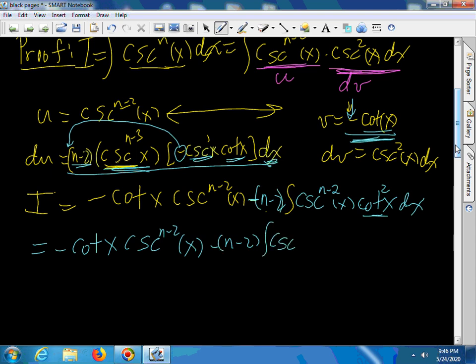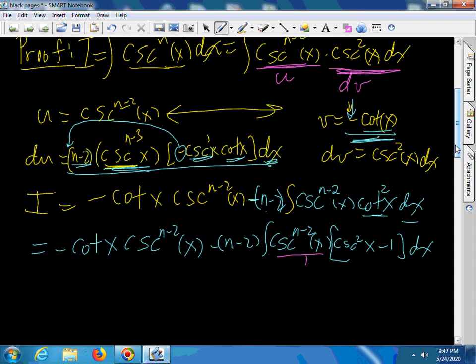the integral of cosecant^(n minus 2) of x times another way of writing cotangent squared x, which is cosecant squared x minus 1, times dx. But this is just perfect.